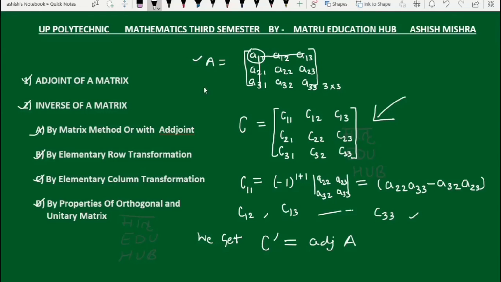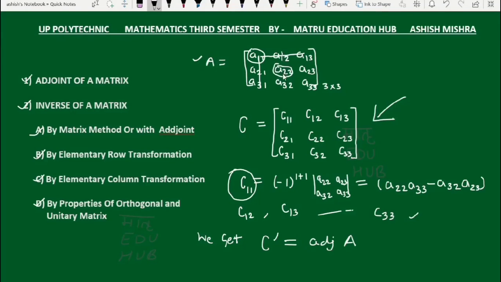See again. If a matrix A is given, we find another matrix C having elements C11, C12, C13, C21, C22, C23, C31, C32, C33, and the elements of C are the cofactors of matrix A. That is C11 is this. C22 is what?